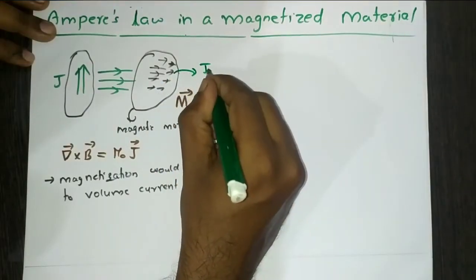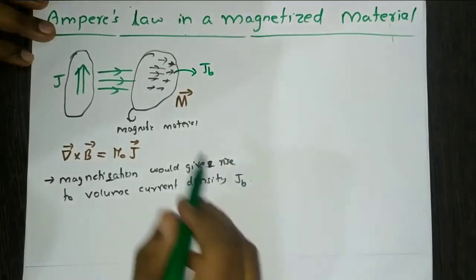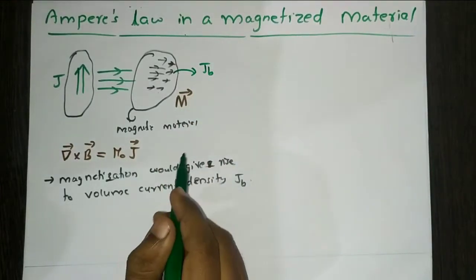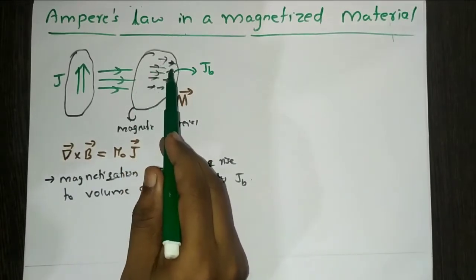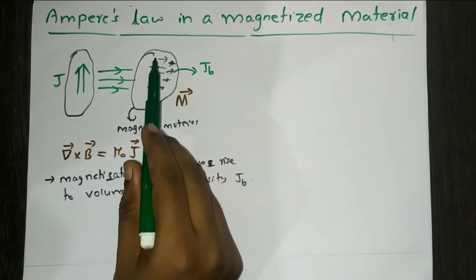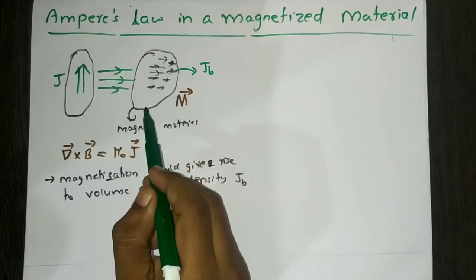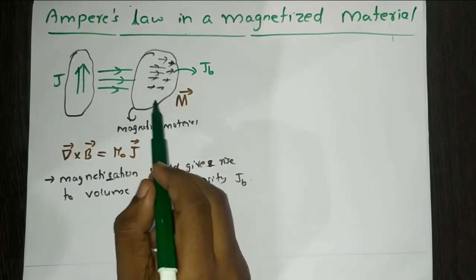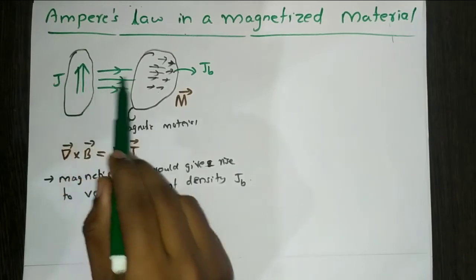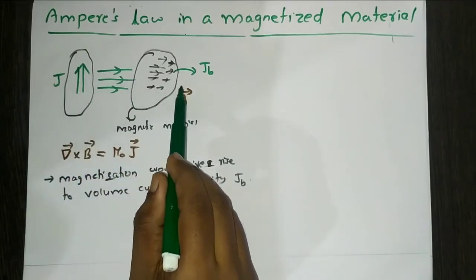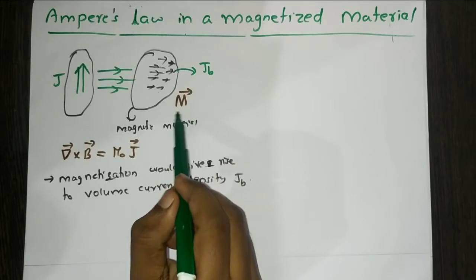Jb is the current density developed because of the magnetization in this body. The total magnetic field experienced by this body is equal to the magnetic field due to this current and the magnetic field due to this magnetization.